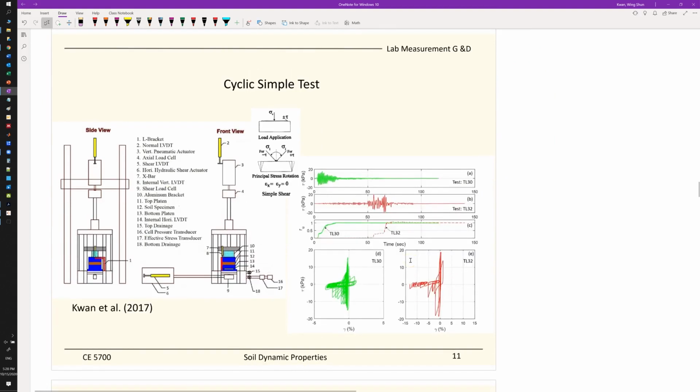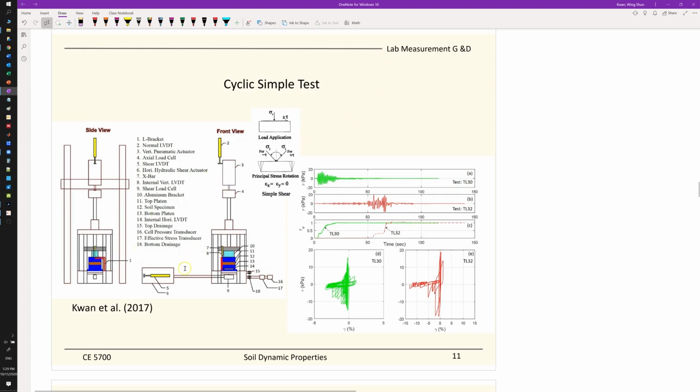Just give me a call, and we can set up a consultation appointment. All my expertise and time are invested in this. In my PhD studies, I also put a lot of time into cyclic triaxial tests. This comes out of my dissertation, published in the journal Earthquake Spectra.